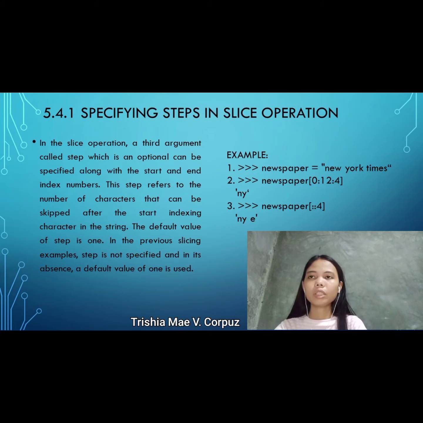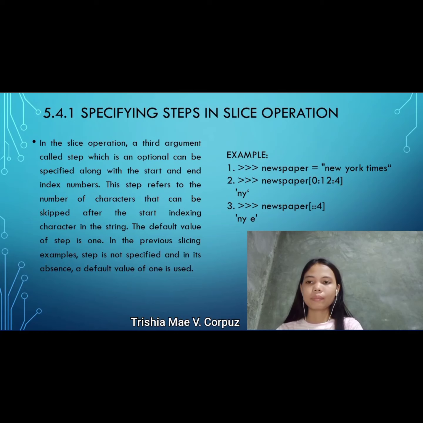Ang magiging value niyan ay ny. Print niya yung n at y kasi ang first character ay n na value ng 0 index. At nagprint siya ng every fourth character na yun yung y, pero in-exclude niya yung 12.